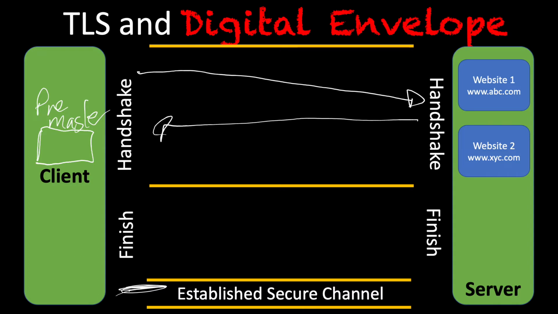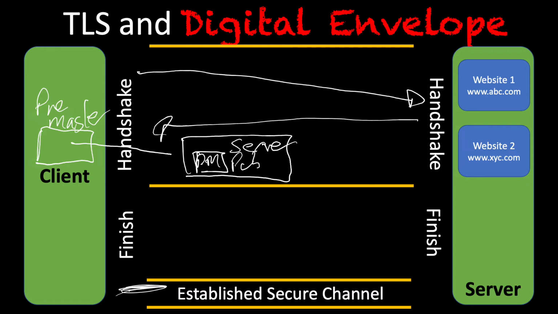It then sends it to the server, but it takes that pre-master and encrypts it using the server's public key, which it got from the certificate sent back from the server. That goes over to the server, and the server is able to decrypt the packet and extract the pre-master using its private key.